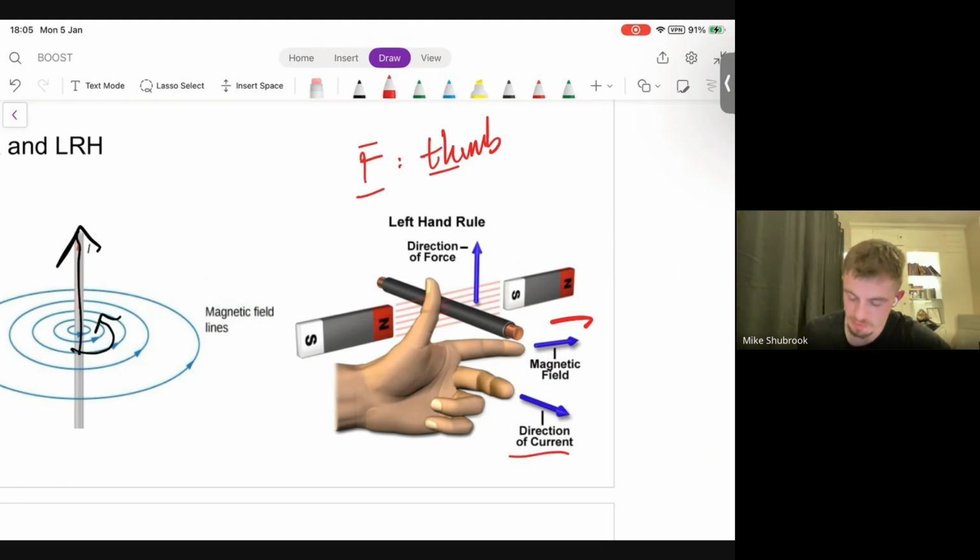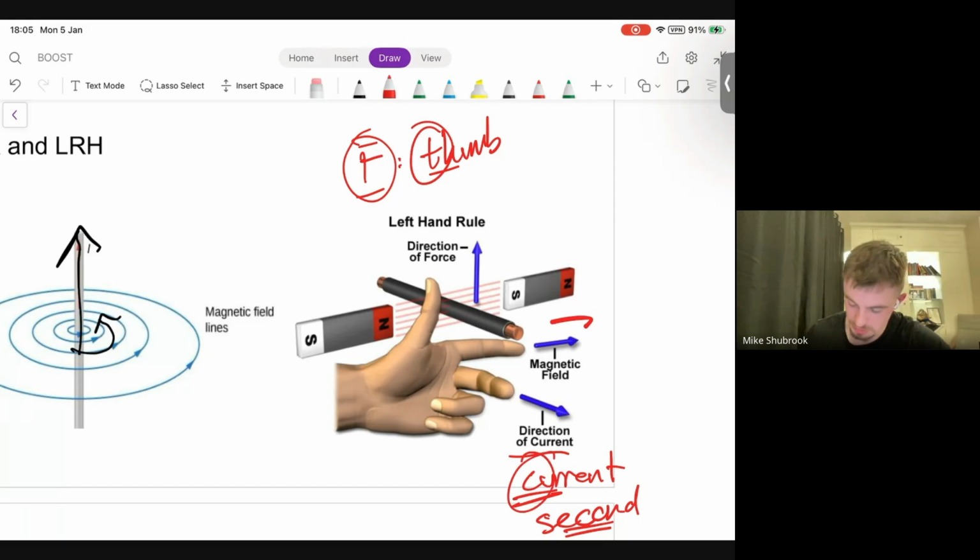I can't remember that one, but I remember that we said that current is on your second finger. So if you can remember these things to link those together, then the magnetic field just goes along your first finger. Ah, that's what it is. Field goes like first finger. So that's just the way that you can try and remember these things.